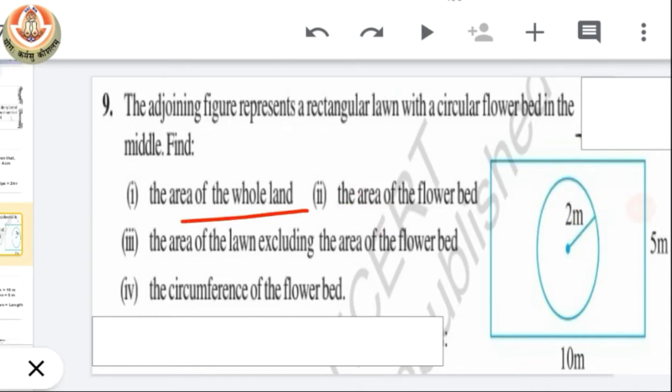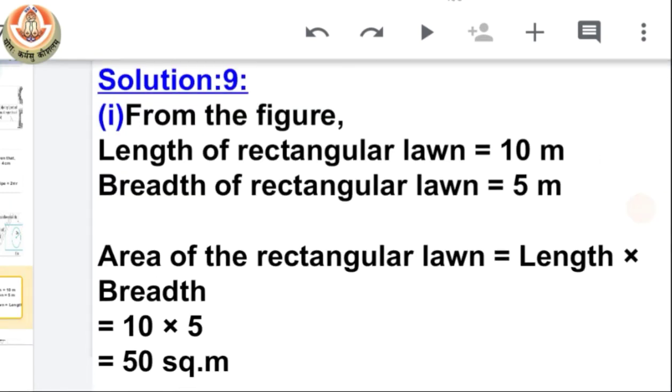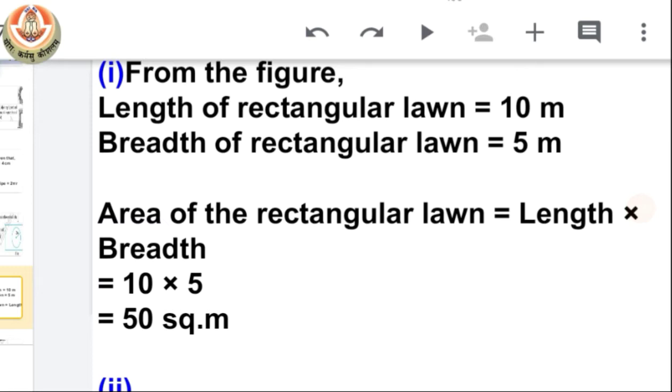It is given that it is rectangular, so we just use the formula L into B, that is 5 meter into 10 meter. So the area will be 50 meters square. You can see the solution also. The length and breadth of the lawn is given as 10 and 5 meters, so the area of the lawn is length into breadth, that is 50 meter square.